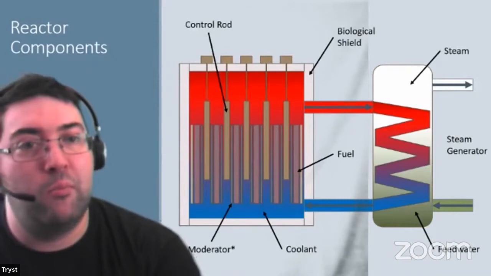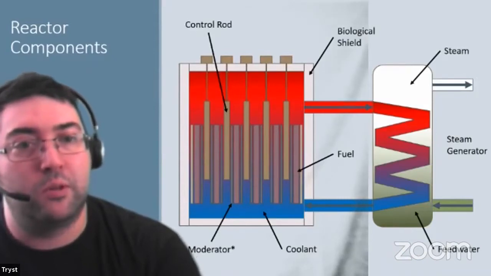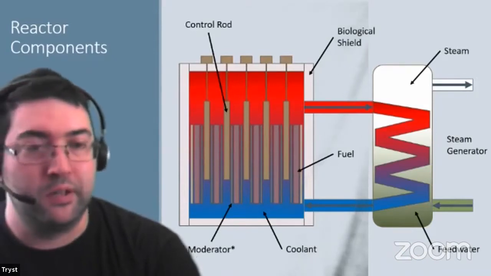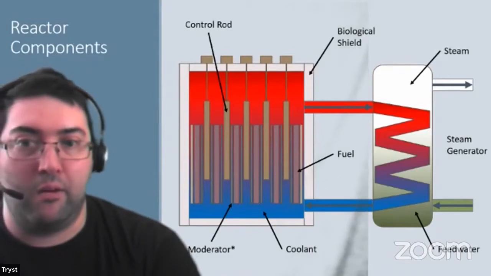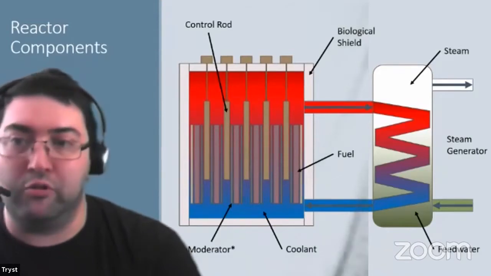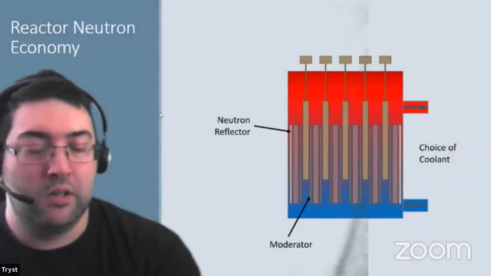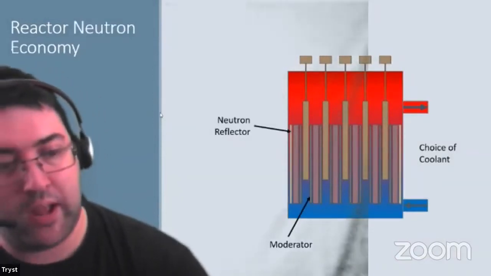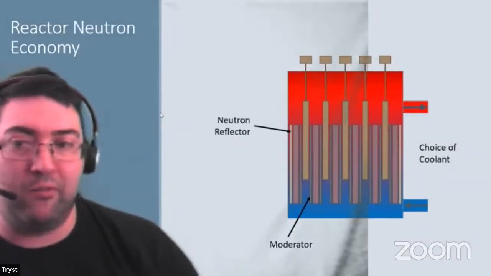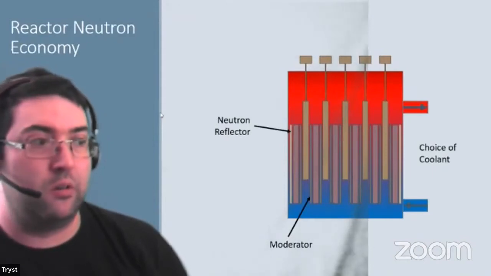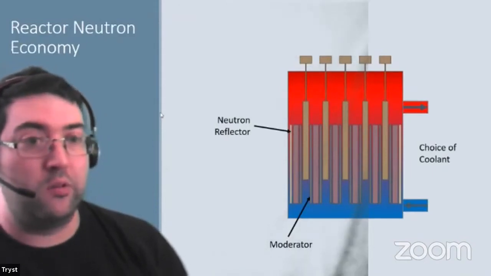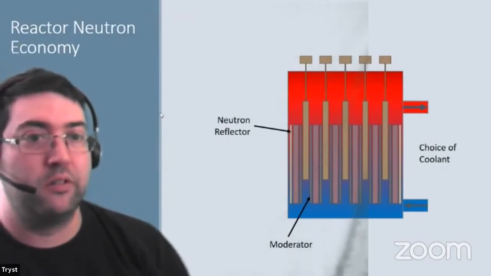You might also have a moderator. So we talked about moderating materials, and this is to do with this idea of neutron economy. Reactors have different levels of performance in relation to how well they use neutrons that are produced during the reaction.